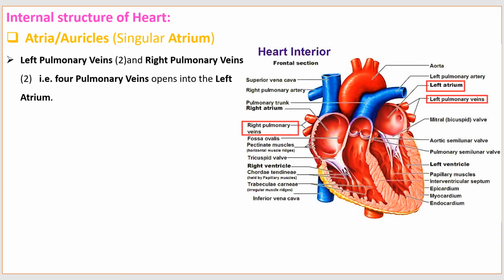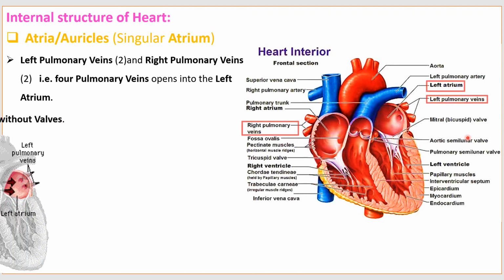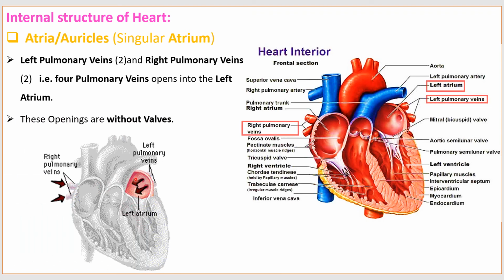All these 4 pulmonary veins open into this left atrium. Look here, these openings are without valves, meaning the openings of the pulmonary veins, right and left, are without valves.